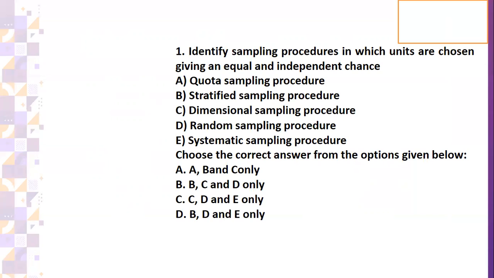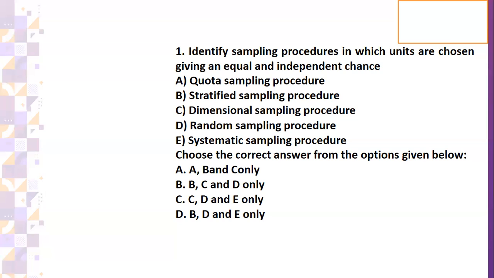I'll repeat the question. From the given options, you need to identify the sampling procedure in which units are chosen giving an equal and independent chance. So which of them will have equal and independent chance?